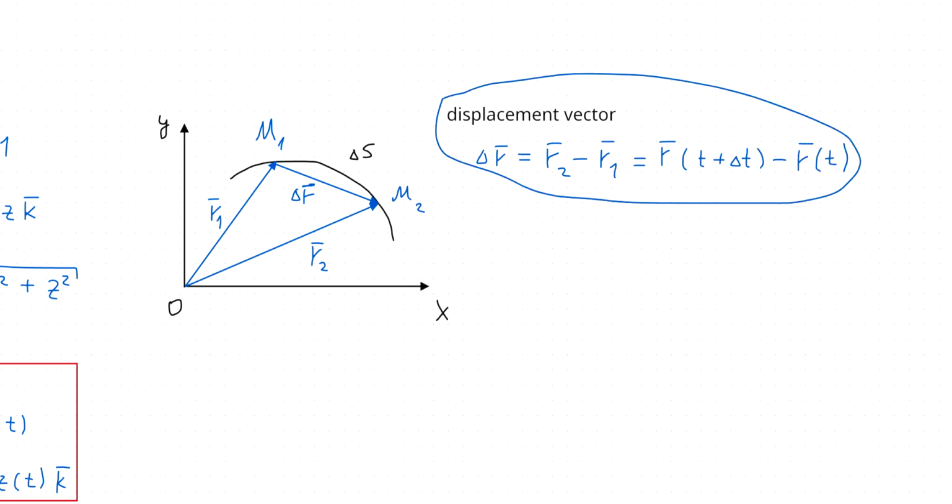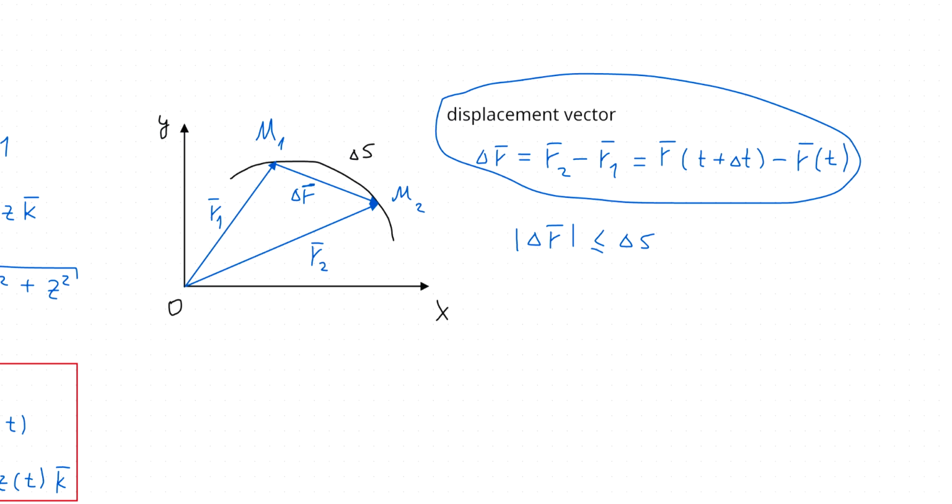And as you can see from the picture, the absolute value or length of the displacement vector is always less than or equal to the path length. And equality will be in only one case, the case of rectilinear motion.